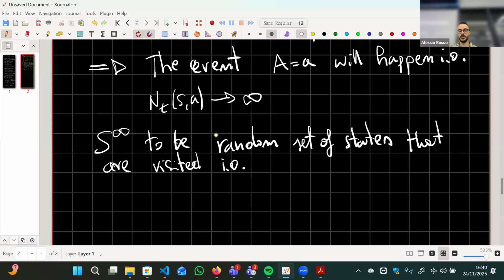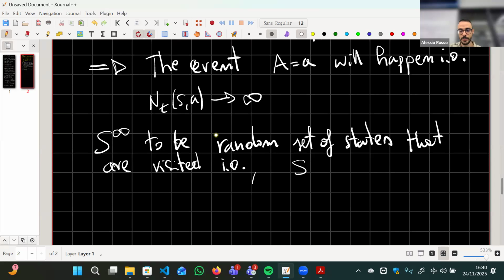And we are going to reason by contradiction, to see that there is no state that we visit only a finite number of times. So we define S_infinity to be the random set of states that are visited infinitely often.